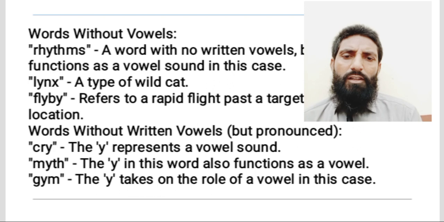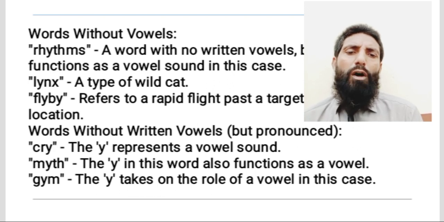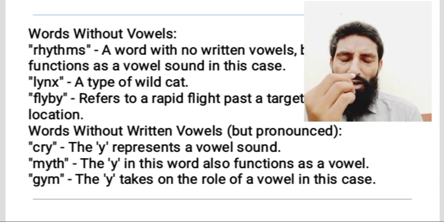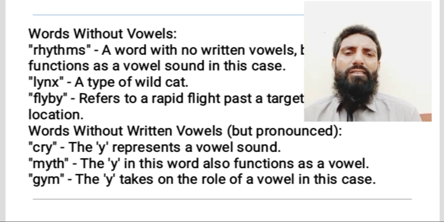So, words without written vowels but pronounced. Yes, here the point to know is that although there is an absence of vowels in the spelling, y functions as the sound of a vowel in order to speak the word correctly.